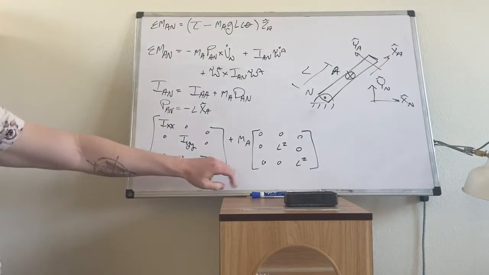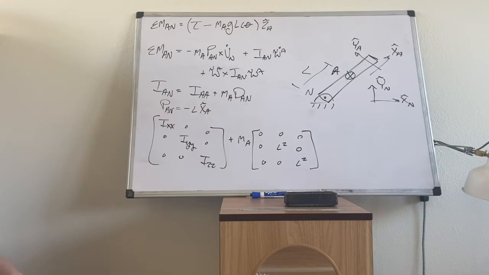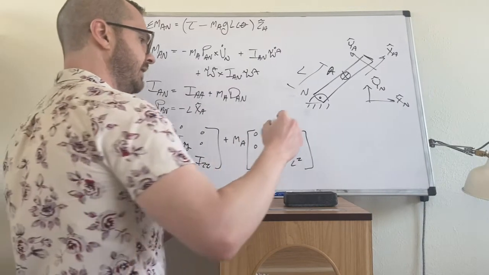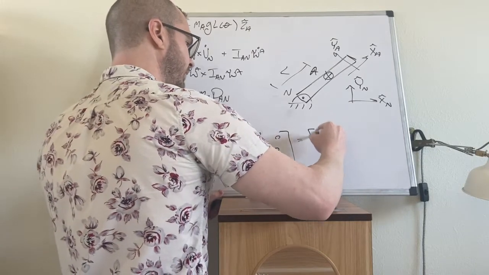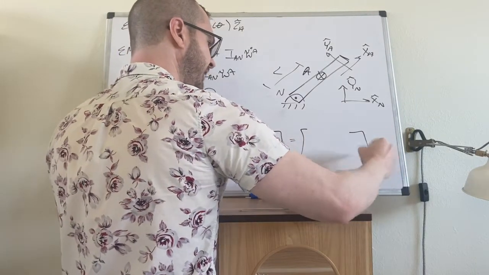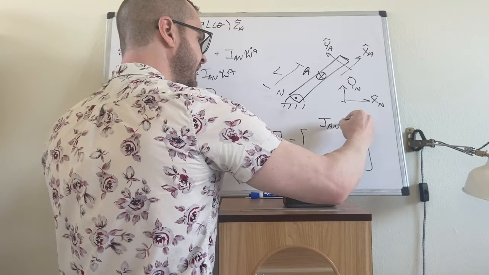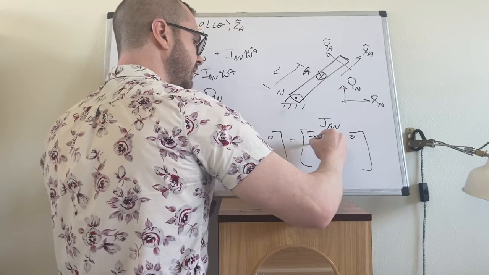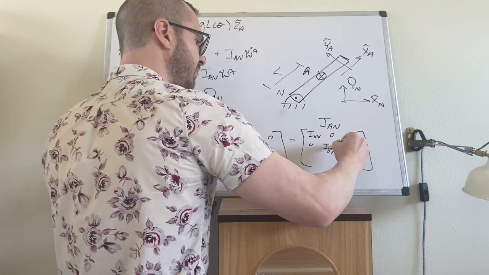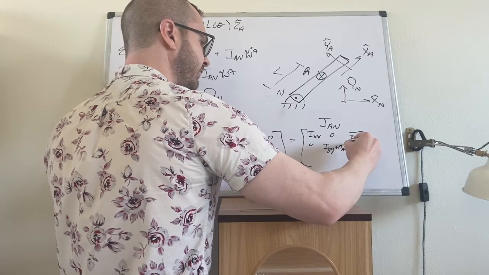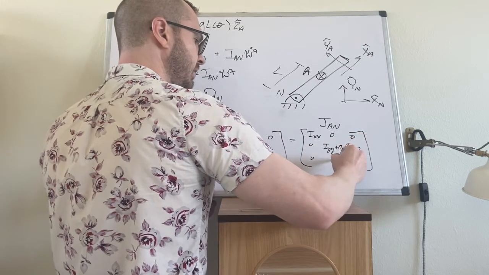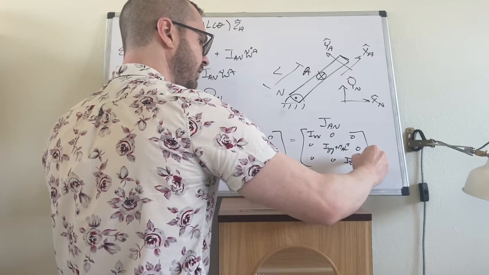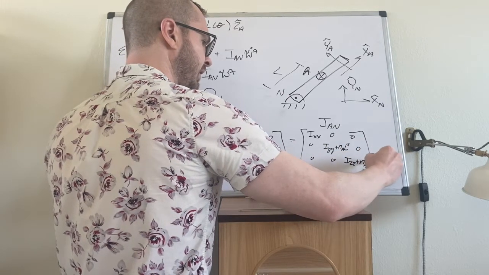And again, go back to the lessons on parallel axis theorem to see that one in action. What we're going to get for this modified inertia matrix IAN is IXX, IYY plus MAL squared, and then IZZ plus MAL squared.